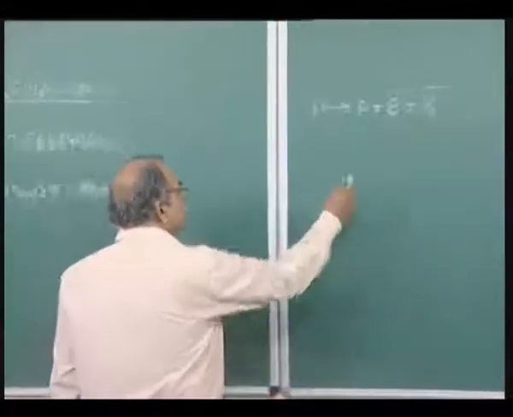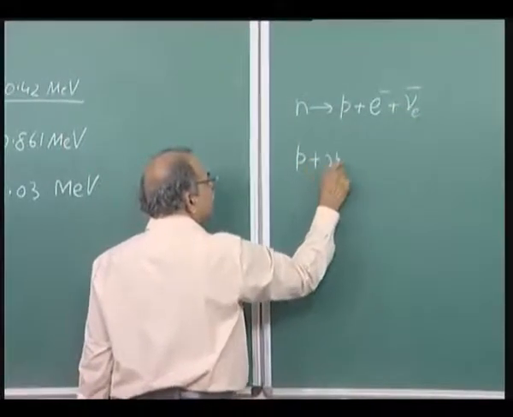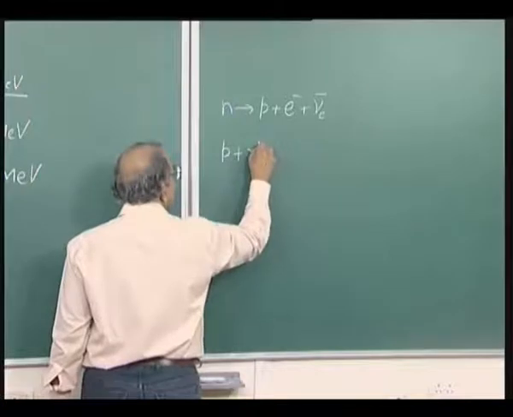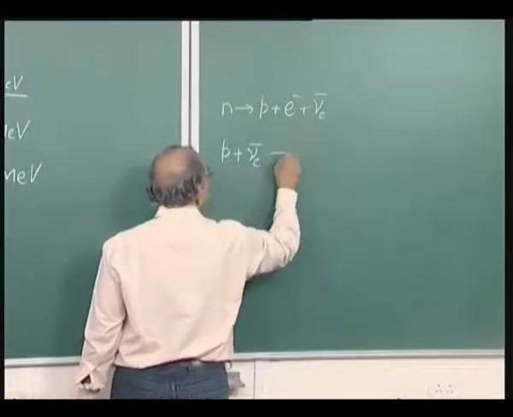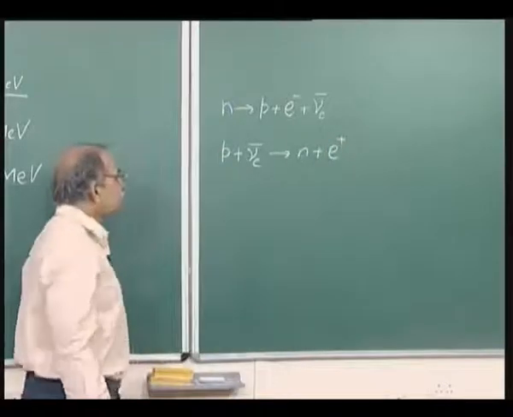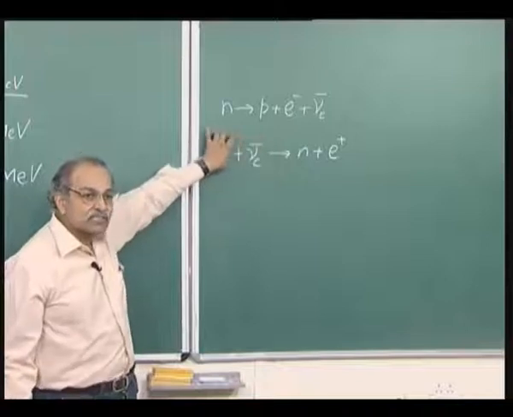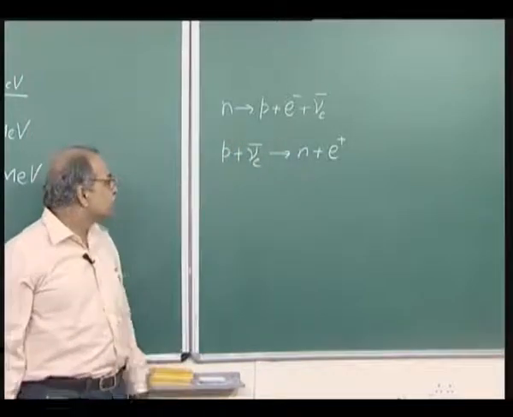So, if you want to write this, it will be P plus nu_e bar, P, that will give you N plus e plus. So, these antineutrinos will react with protons to give this reaction.